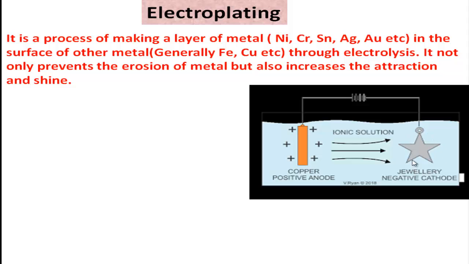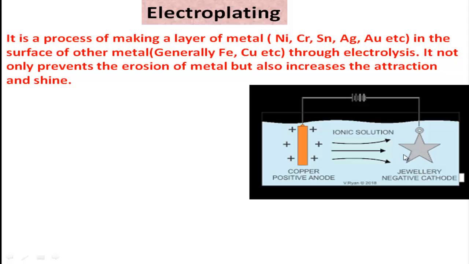This is electroplating of jewelry. This is a jewelry item. For example, if you make it in iron, or in nickel, and now you want to cover this iron jewelry item with copper color, a very nice reddish orange color.